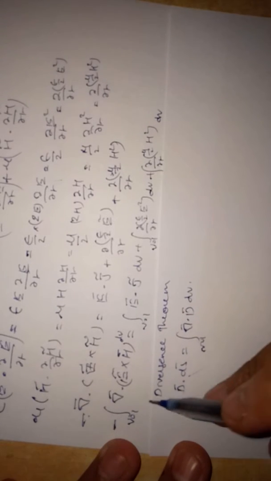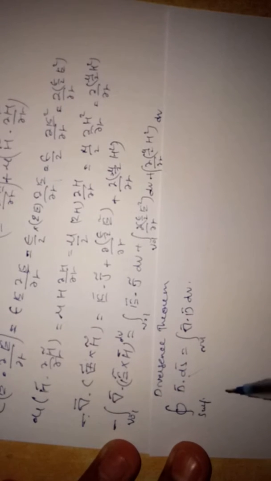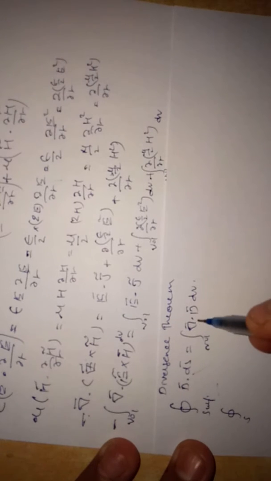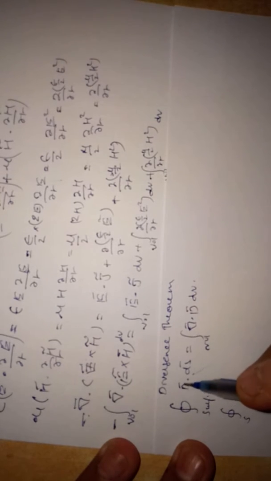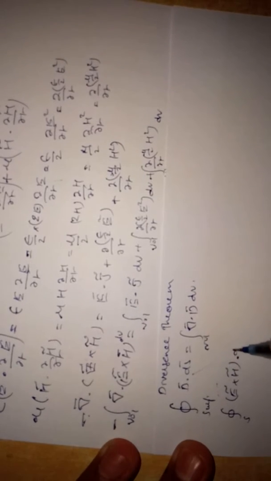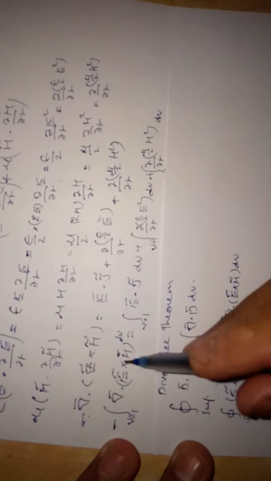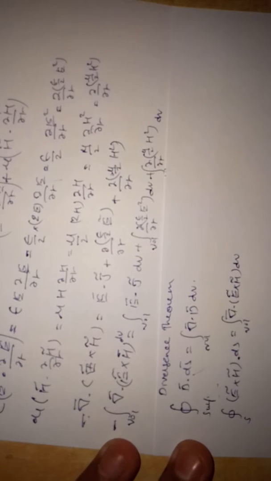Writing it in terms of the divergence theorem, in place of D, any vector, I can write E cross H: the closed surface integration of (E cross H) dot dS equals the volume integration of del dot (E cross H) dV. So I have converted the divergence theorem as per our requirement.